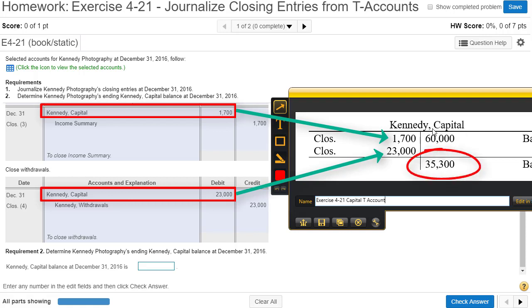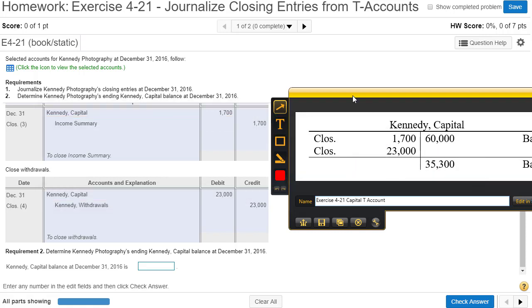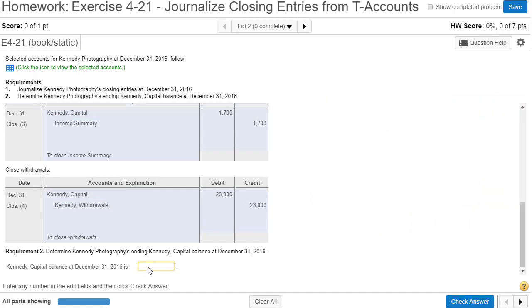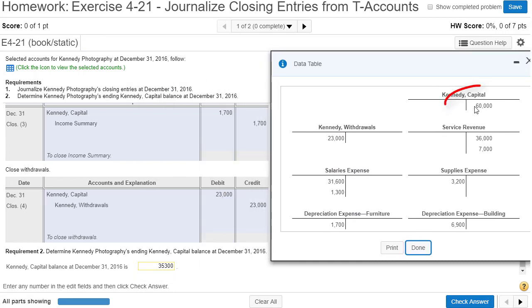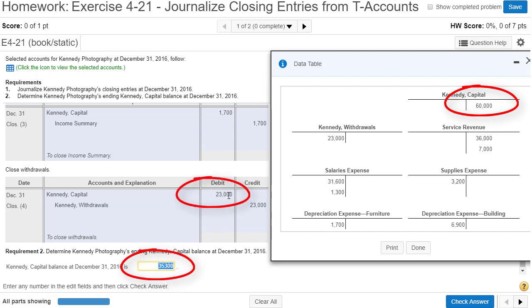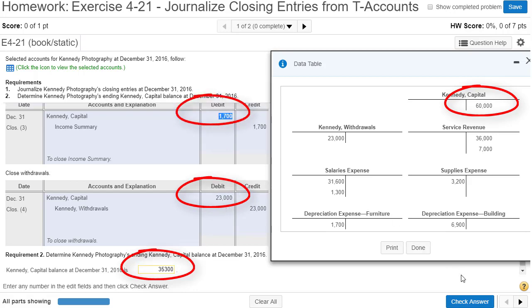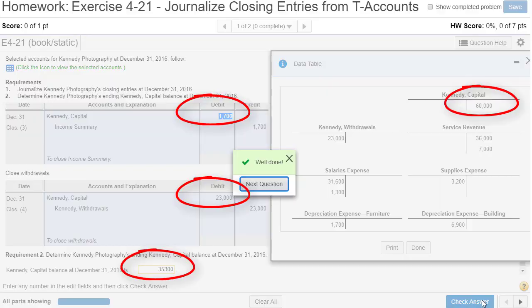So remember, capital has its plus sign on the right side. So I can plug that in here, 35,300. So capital went down significantly, from 60,000 down to 35,300, mainly because there's a ton of withdrawals and there was a small net loss. And that's it.